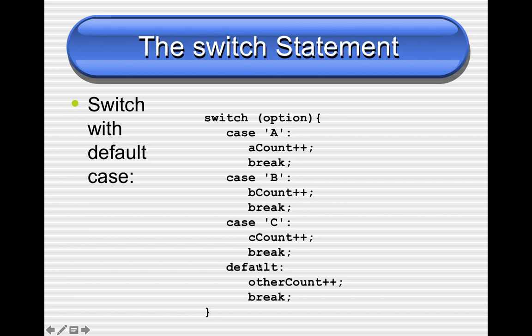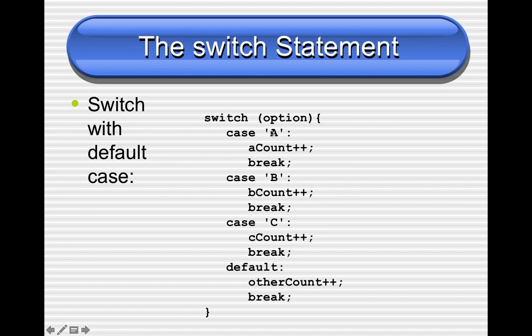Default means if none of these was true, which means that when you put a default, there have to be breaks in the cases, by the way, because you go to default if you didn't break. So case A, break, so you will not go to the default. If there's no break, you cannot put default. Default means you should have break. Okay?